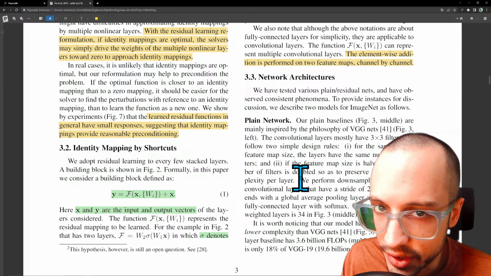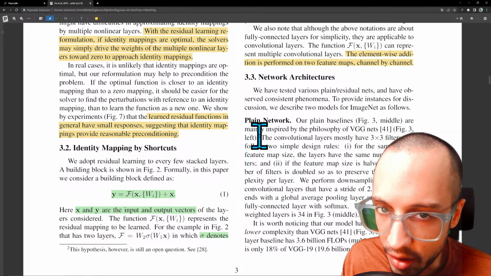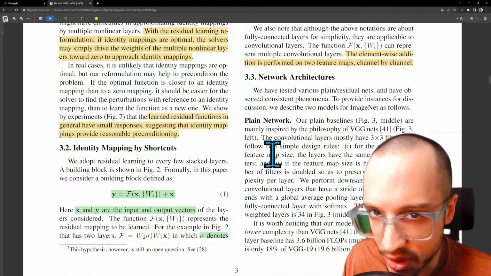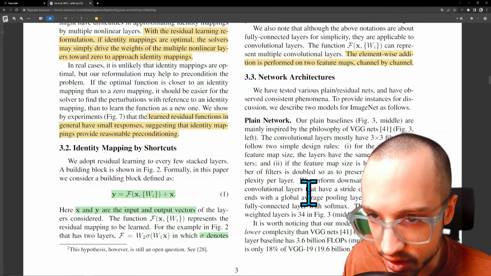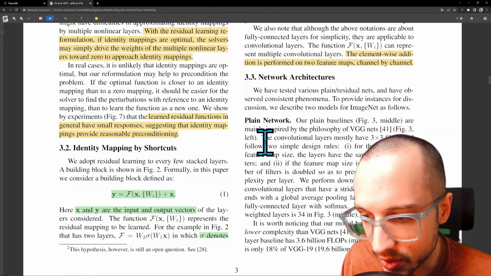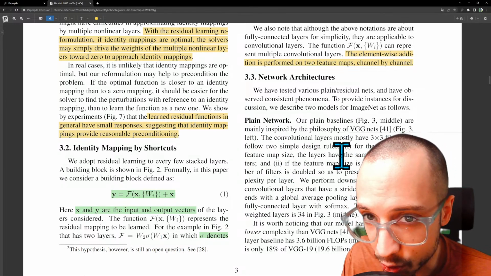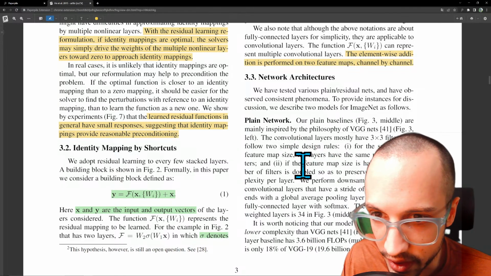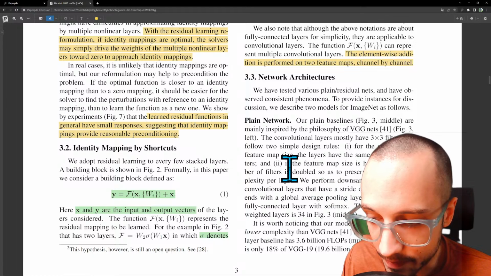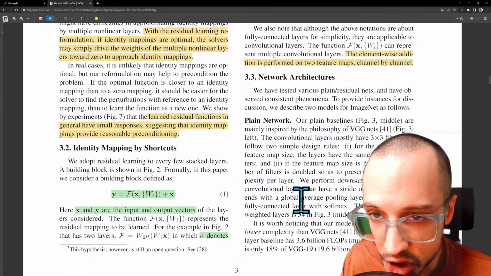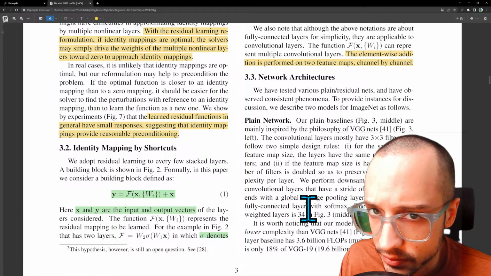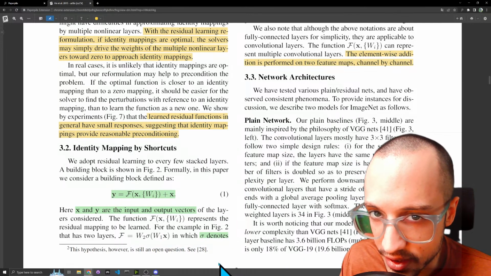The numbers for those are now the result of this giant hyperparameter tuning called neural architecture search. Before that, people had little rules of thumb, such as if you make the feature map half as small, then double the number of channels. But it's not worth remembering that stuff because it doesn't even matter anymore.